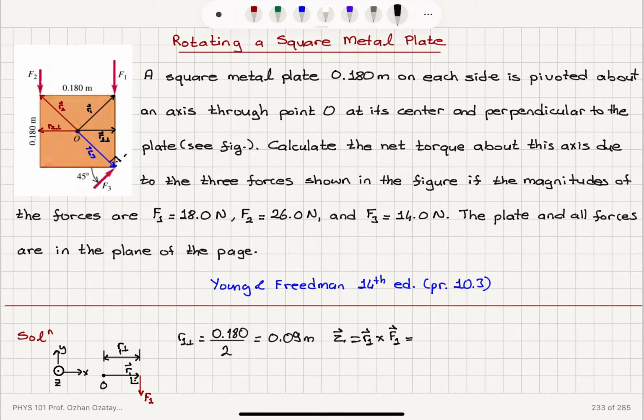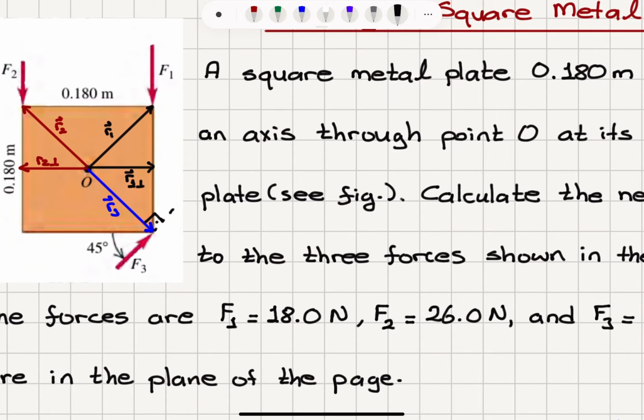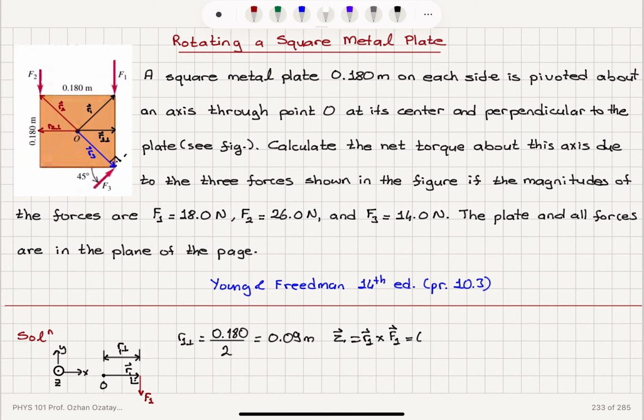So R1 is basically this vector here. This is the position vector, and you can see that it has two components, 0.09 i hat and 0.09 j hat. So we have 0.09 i hat plus 0.09 j hat cross product with the force.